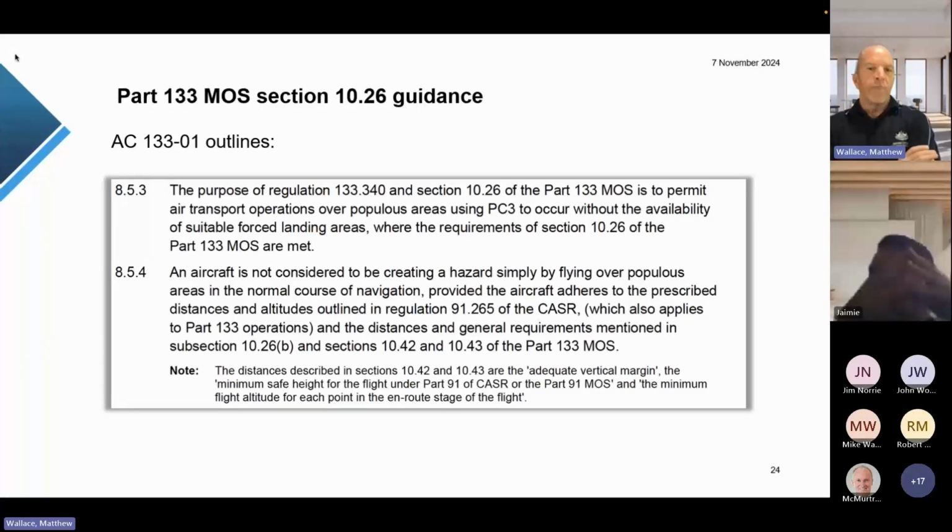So that's Part 91 minimum heights, and the distances and general requirements mentioned in 1026 and sections 1042, 43 of the MOS are met. So they're the conditions we've already gone through, 1042 and 1043, we've covered 1026. So you can operate over a populous area, and the guidance material gives you the information you need whilst doing so.